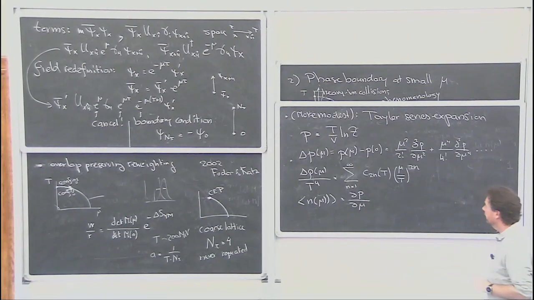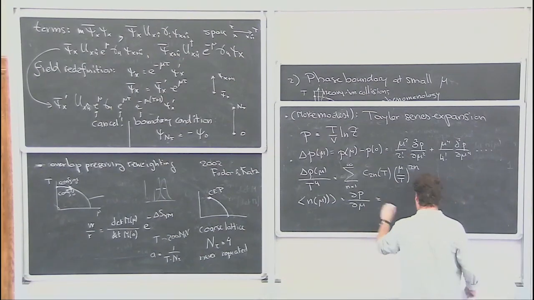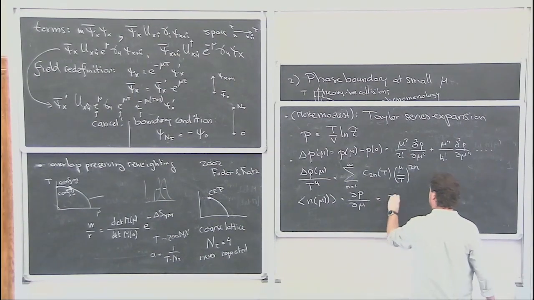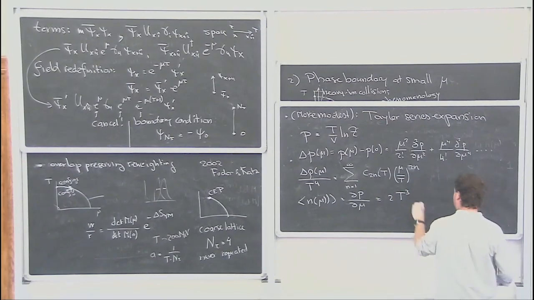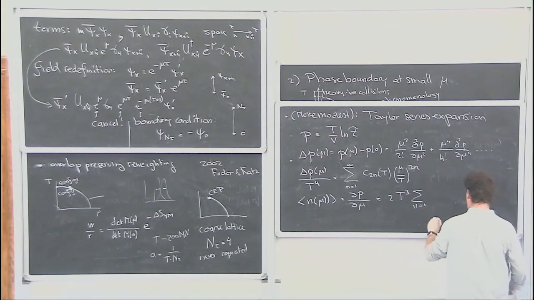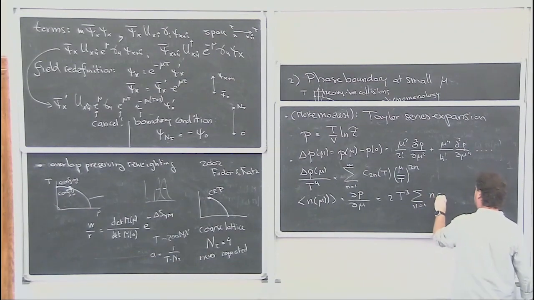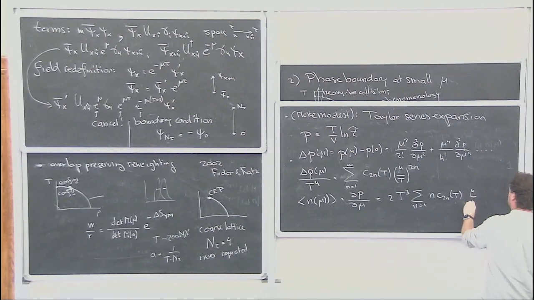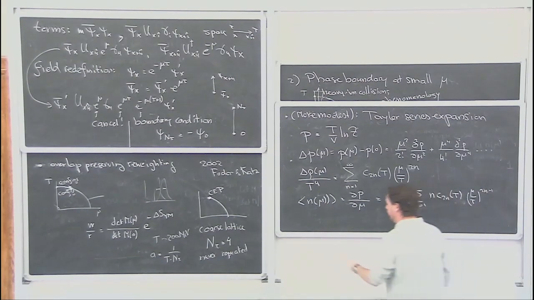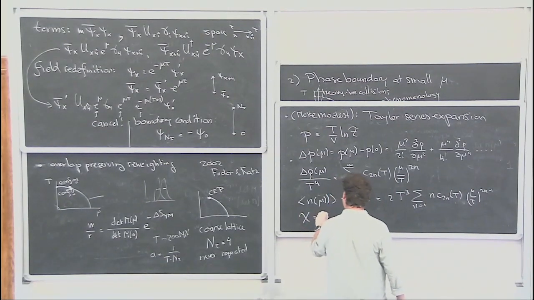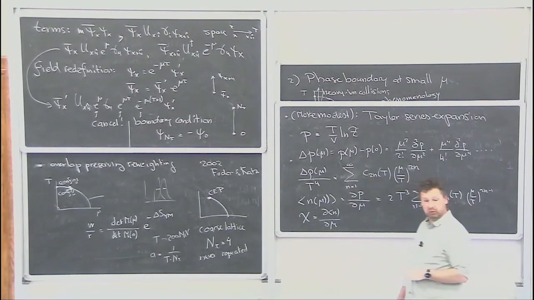So dP d mu gives you the particle density, or quark number density, and that will be related to these coefficients again. n = sum over n of 2n c_2n T, (mu over T) to the 2n minus 1. So this will give you the density. And if you go to higher orders, you can also get the susceptibility, because dn d mu gives you the quark number susceptibility.